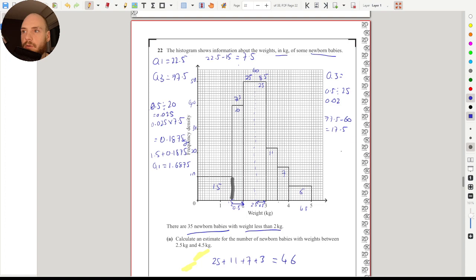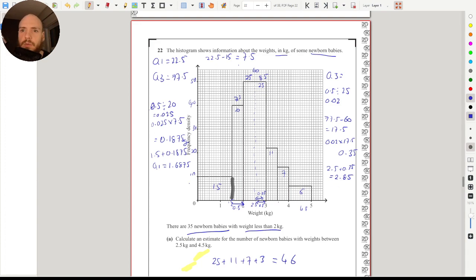So as I'd done before, I multiply the value of our block by how many blocks we have. That'll be 0.02 multiplied by 17.5, which gives me 0.35. So that means in here represents 0.35. We're already at 2.5, so it'll be 2.5 plus 0.35, and that would give us, no, not 0.85, 2.85.